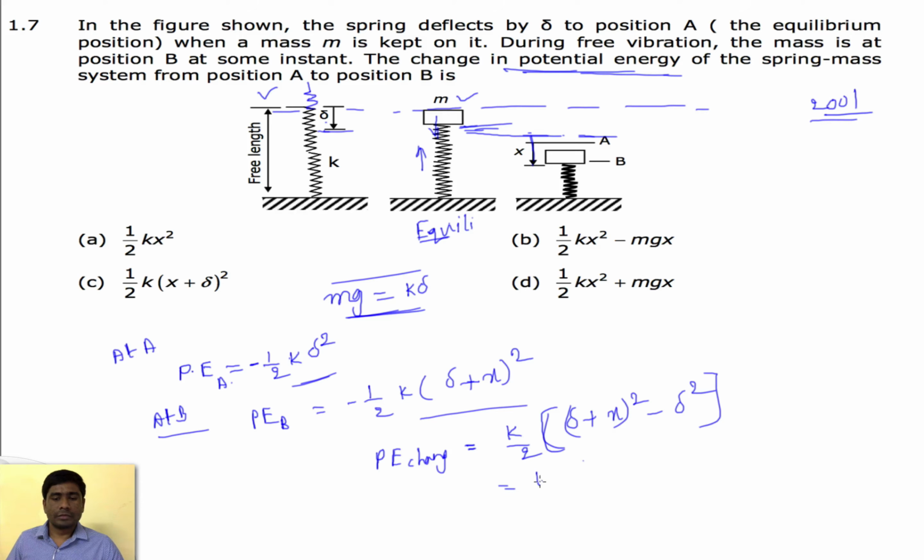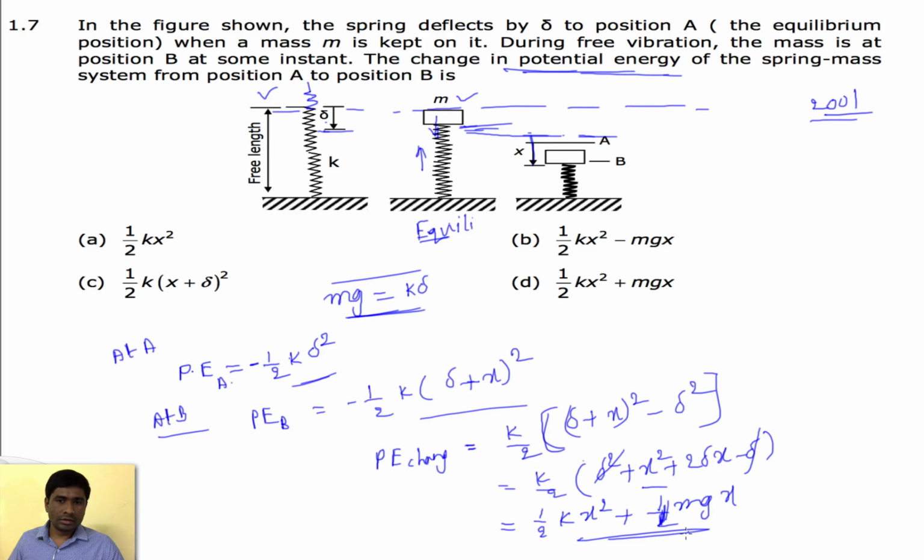This is k by 2 into, this will get cancelled, and we finally have half into k x square term plus half into k into 2 delta x. But k into delta is nothing but mg from the equilibrium position. So if I substitute that, half into m into g, half and 2 will get cancelled. So m into g into x. So this is the final answer.